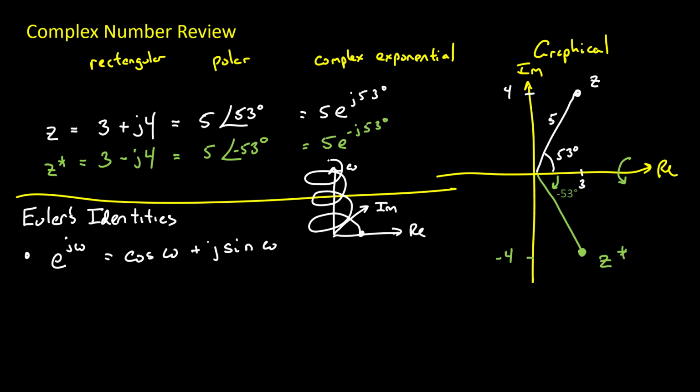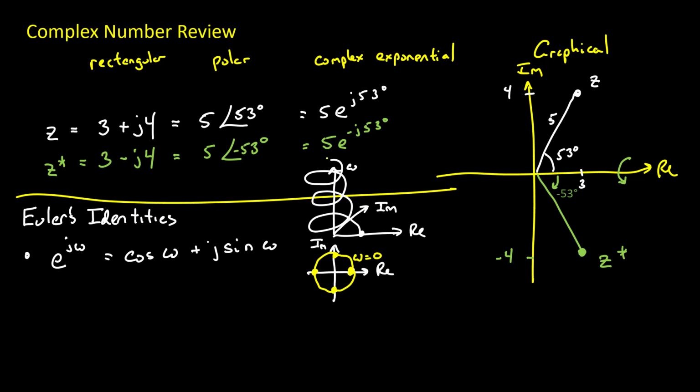That's hard to wrap our heads around, so it's much easier instead to look at it as a 2-dimensional graph. We've got the real part, we've got the imaginary part, and if we graph this for omega equals 0, we are right there. If we graph it for omega equals 90 degrees, we're up here. If we graph it for omega equals 180 degrees, we're over here. 270 degrees, same thing as minus 90, we're over here, and 360 degrees, we're back to here.